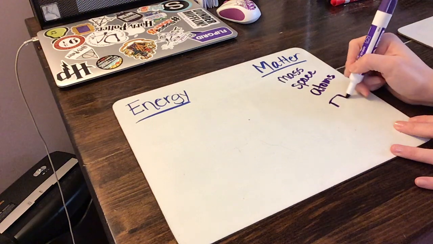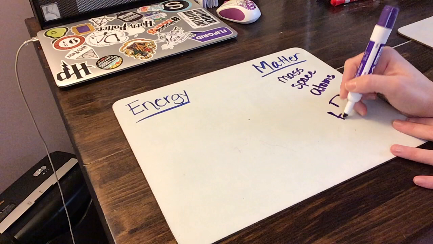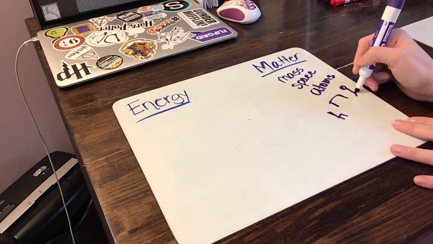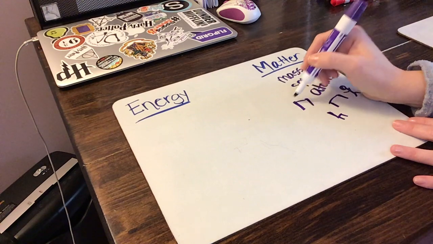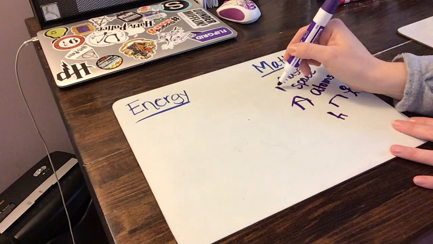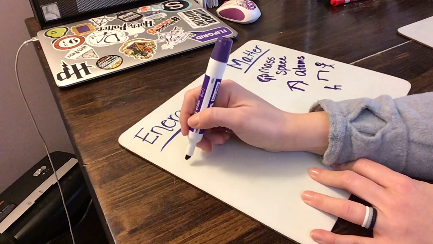So a desk or a table, that's made of matter. A chair, a person, a house, a tree, all those things are made up of matter because they have mass, they take up space, they're made up of atoms, okay?